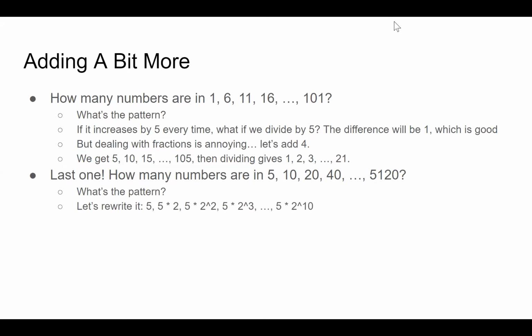Yeah, Jennifer, that's right. It's always doubled. So an easier way to write this is just 5 times 2, 5 times 2 squared, all the way to 5 times 2 to the 10th. And it's easier to see how many numbers are in here now, because let's look at only the exponents. If we look at the exponents, it goes from 0 to 10, which is 11.